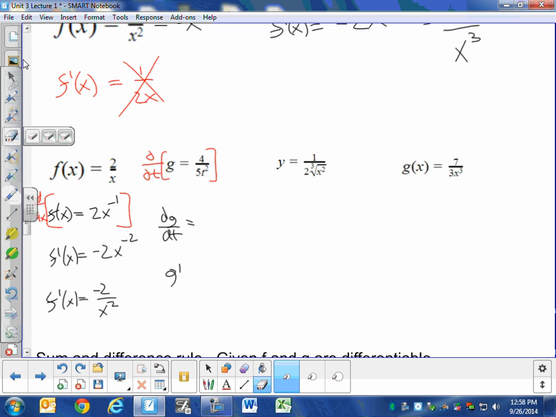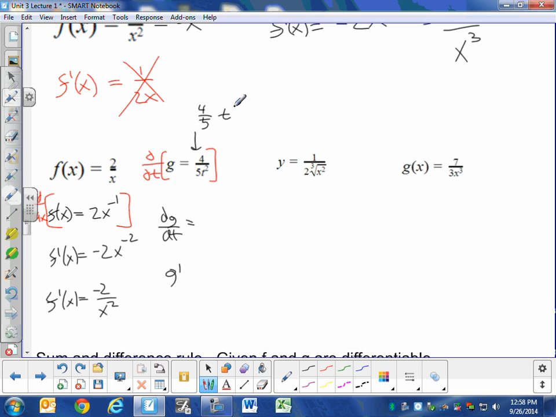Now, I would write this most likely as the fraction 4/5 times t to the negative second. You don't have to move t up to the numerator, but you can, fine. But maybe you just think of 4/5 as being just a number that you're going to be multiplying by negative 2.